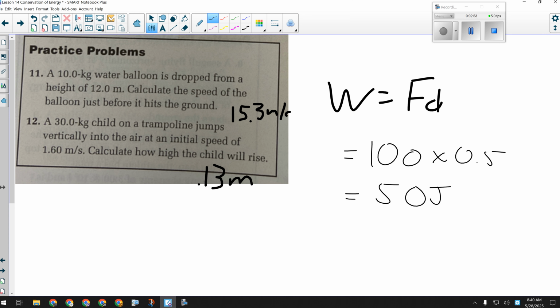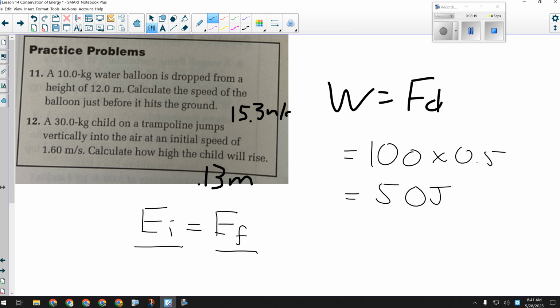So when it comes right down to it, the law of conservation of energy says this. Since energy can't be created and it can't be destroyed, the mechanical energy of a system, like the bow and arrow, is always going to have the same amount of energy at any two conditions. That would be initial and final.